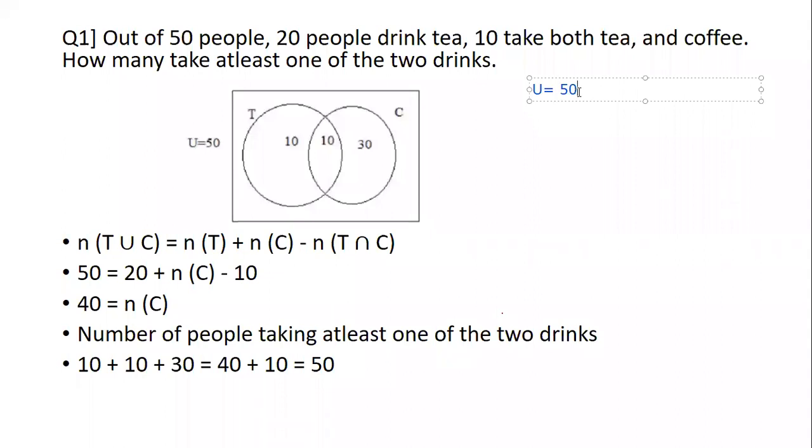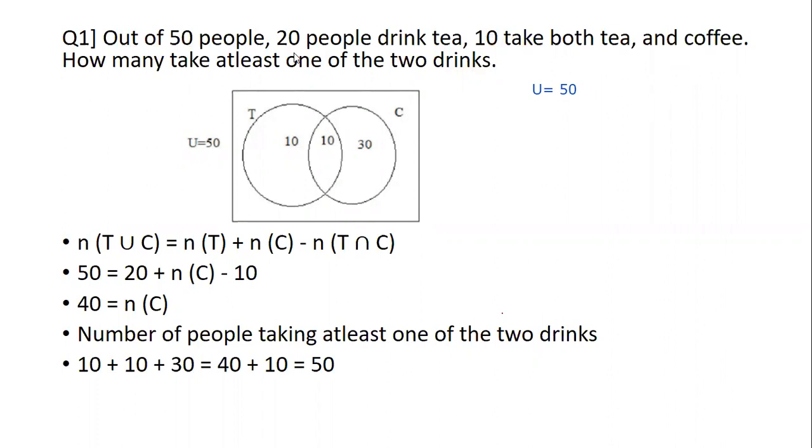Okay, next. 20 people drink tea. 10 take both tea and coffee. How many take at least one of the two drinks? We will read the question again so that we understand it clearly.